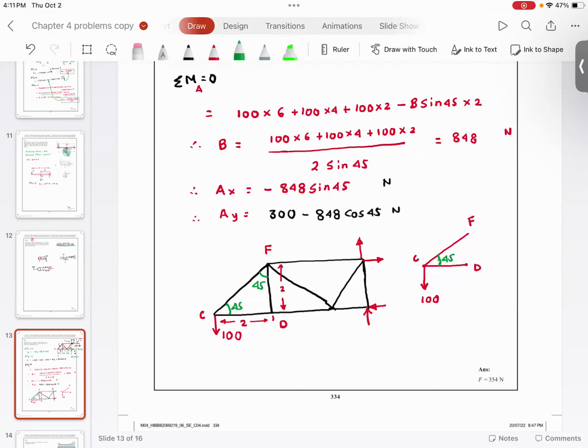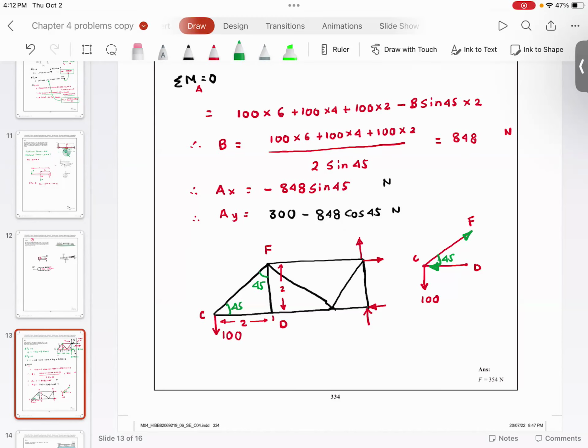If I have a downward force going in this direction, you agree with me, the force in CF should be upwards and force in CD should be towards left. Why is it like this? Because check this out. This horizontal force cannot cancel the downward force. The downward force will only be cancelled if you have some force in the vertical direction.